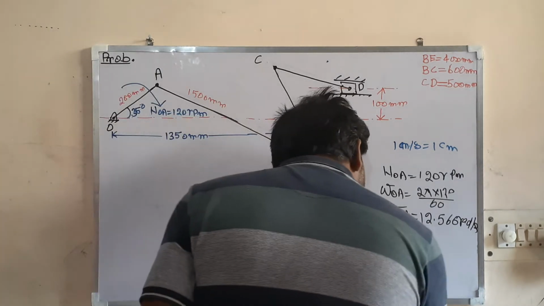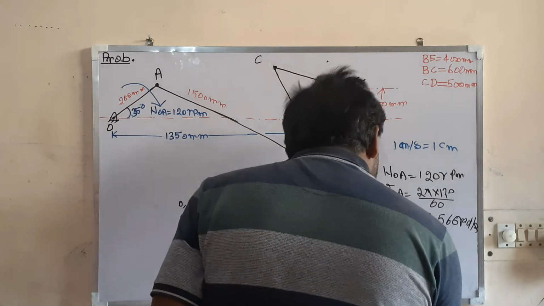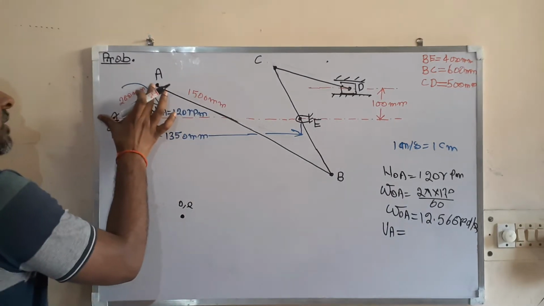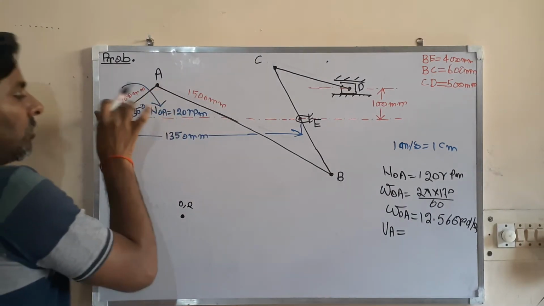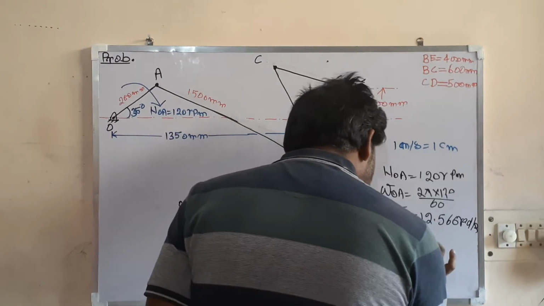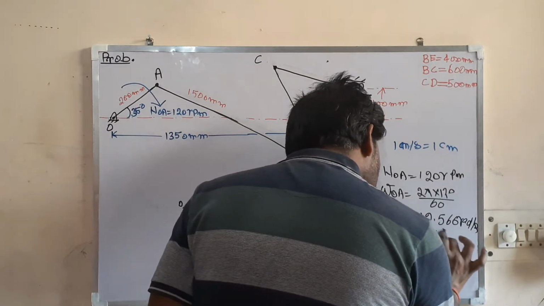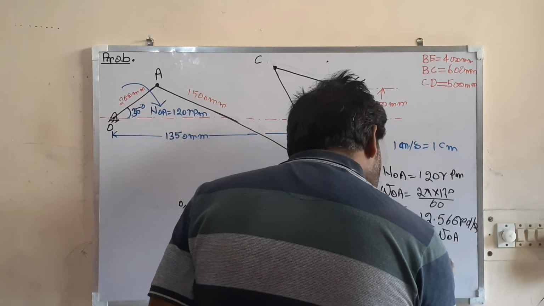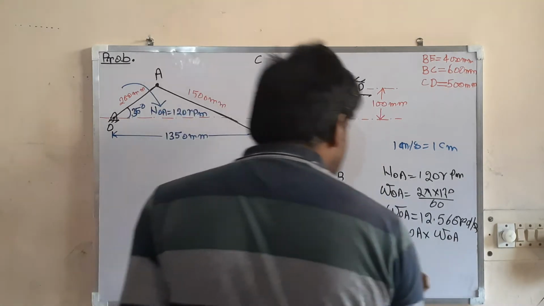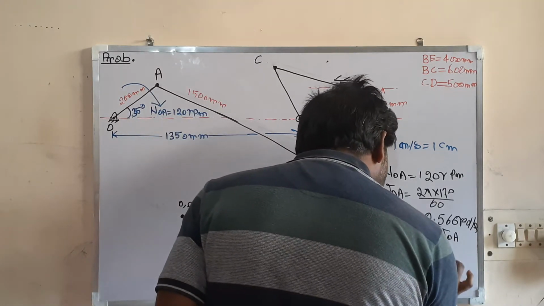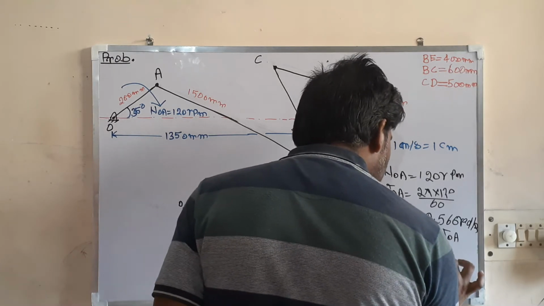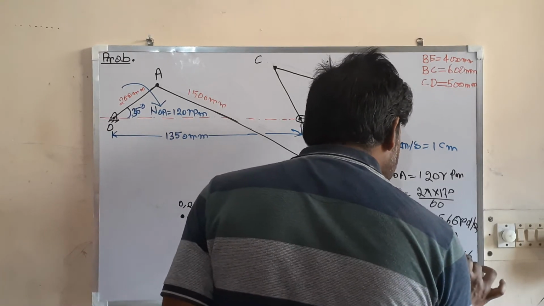If you know the angular velocity of link OA, then the velocity of point A can be calculated. So velocity of point A is equal to OA into omega OA. This OA is 200 mm, so in meters it will be 0.2 into omega OA, 12.566.